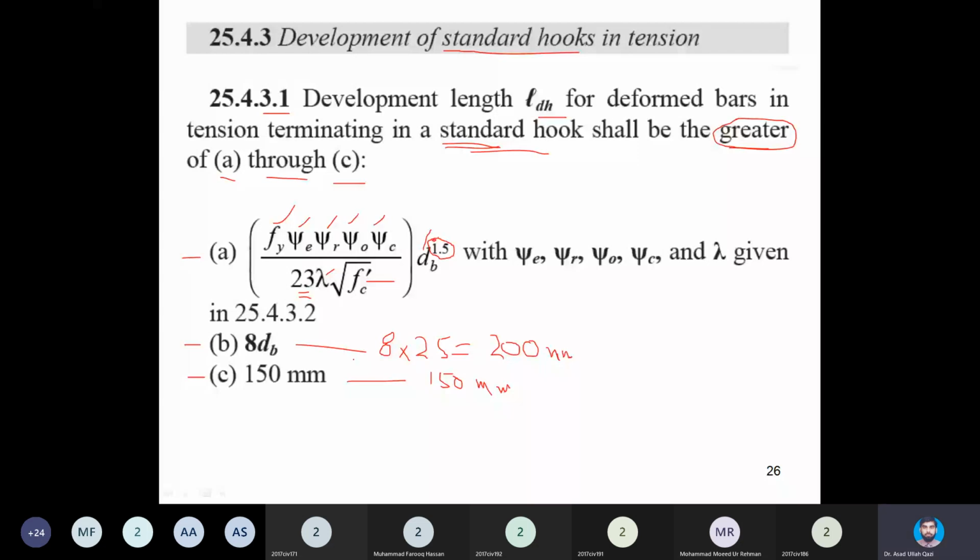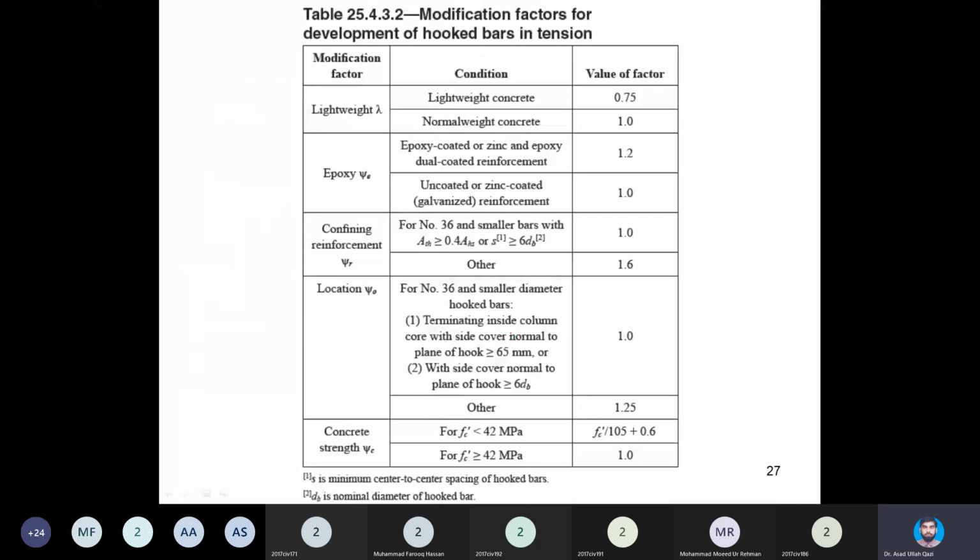And these are given in 25.4.3.2. Now, this table 3.2 is copied here from ACI. These modification factors of hooked bars are summarized. First, lambda is there, and lambda has almost the same value which we earlier discussed for straight bars, 0.75 and 1 for lightweight aggregate or normal weight aggregate respectively, no change.